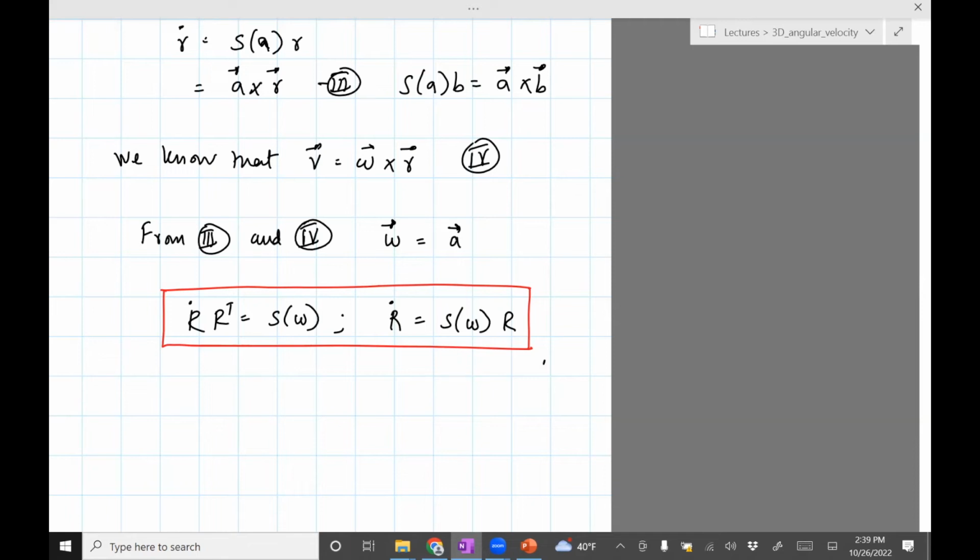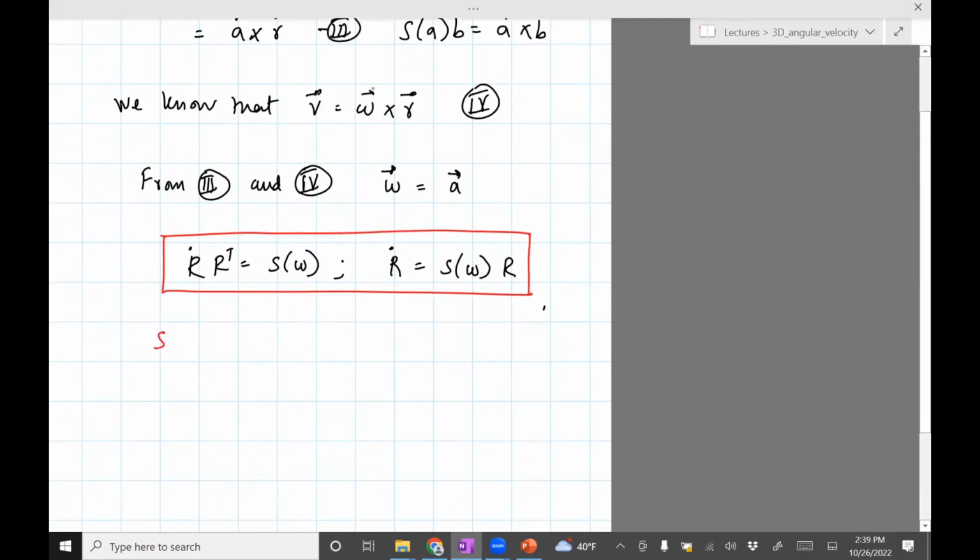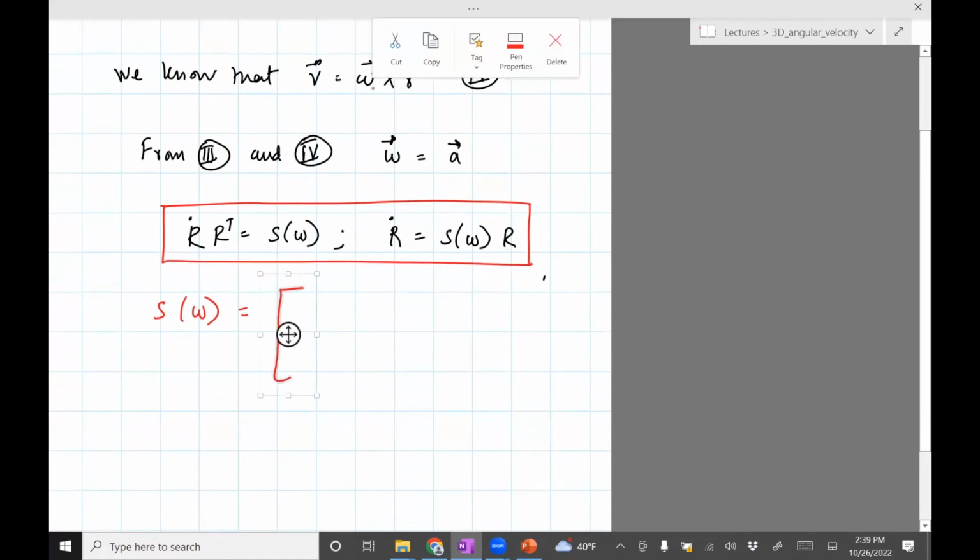That's something we'll come to next. So what is S of omega? It is a skew-symmetric matrix with this form: 0, minus omega z, omega y, omega z, 0, minus omega x, minus omega y, omega x, 0.